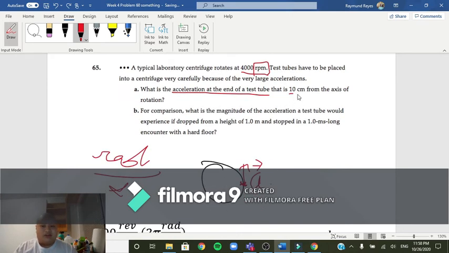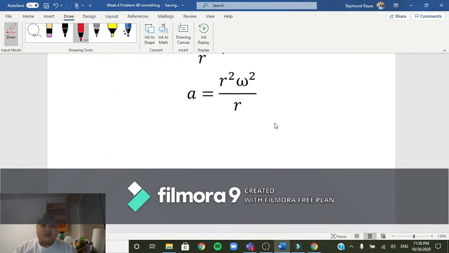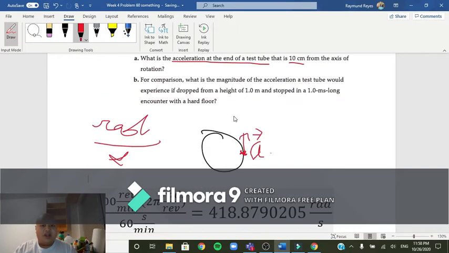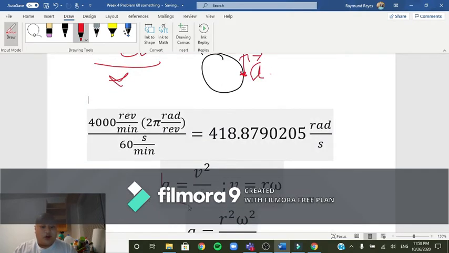So we have 10 centimeters given, or 0.1 meters. We're gonna speed run this. In order to get the tangential acceleration, we have to turn radians per second to meters per second. We have the acceleration equals velocity squared over r. We do have r, however, we do not have velocity.